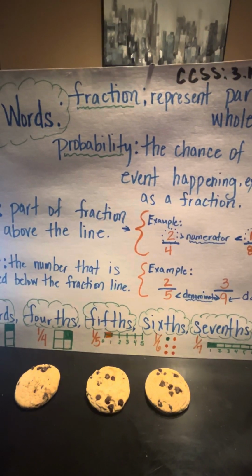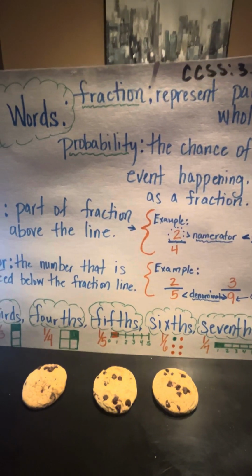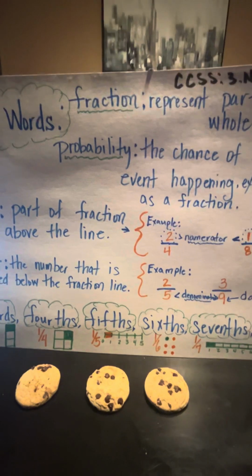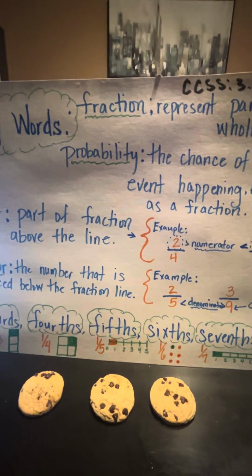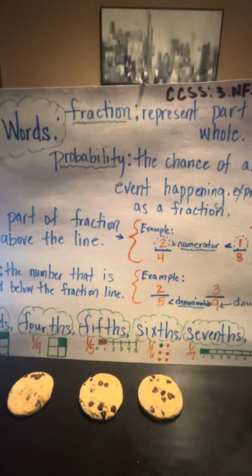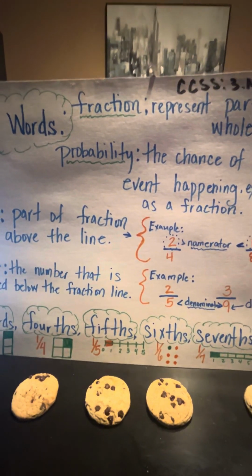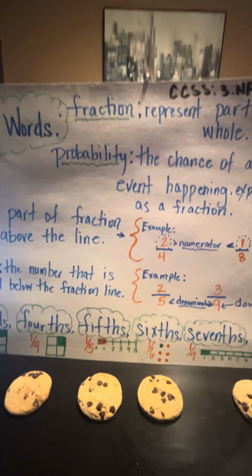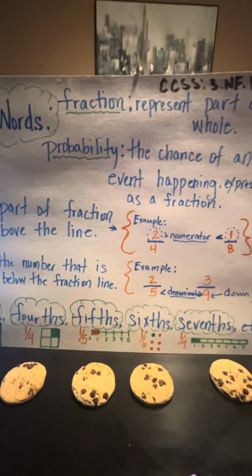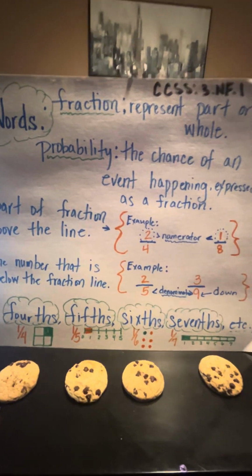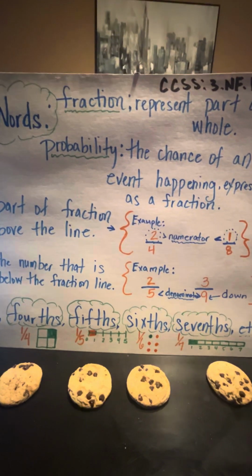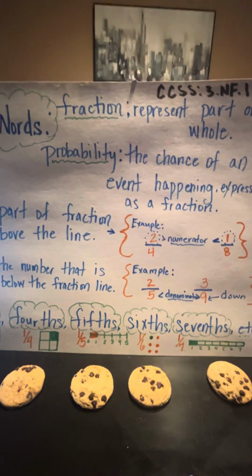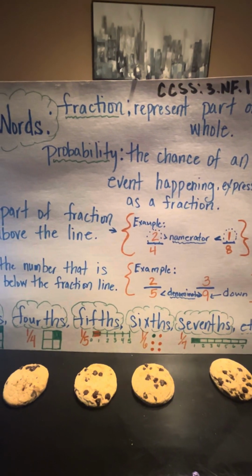So what portion of the package of cookies did we take away? We all agree, 1. We took away 1 cookie. We took 1 from what number? What was the whole number for the whole pack of cookies? 1, 2, 3, 4. Do we all agree there were 4 cookies in that package?